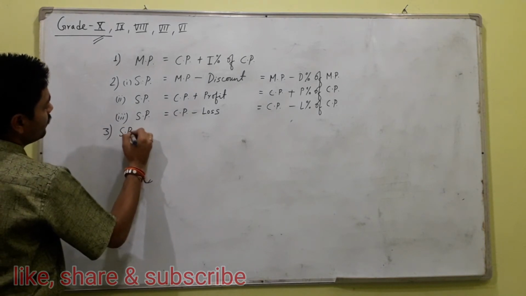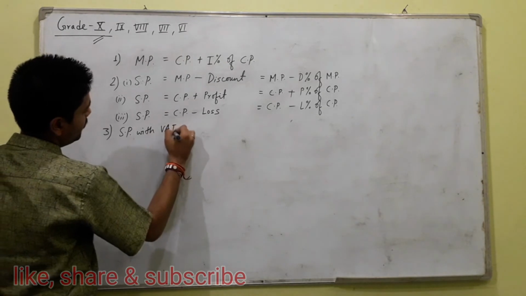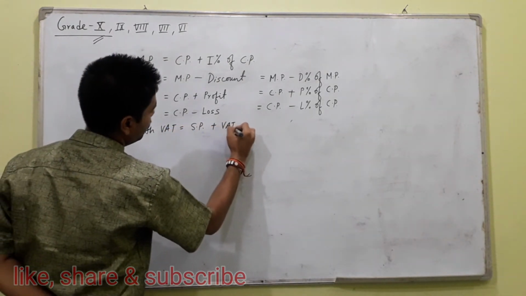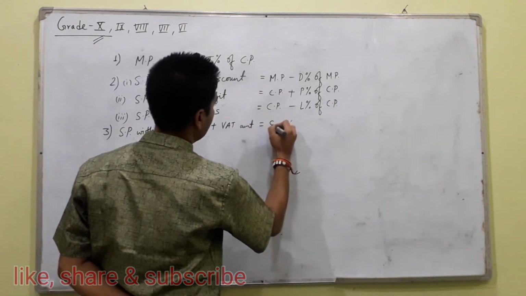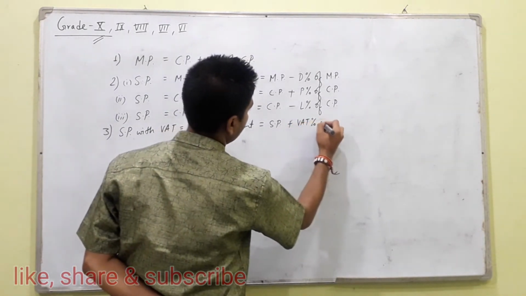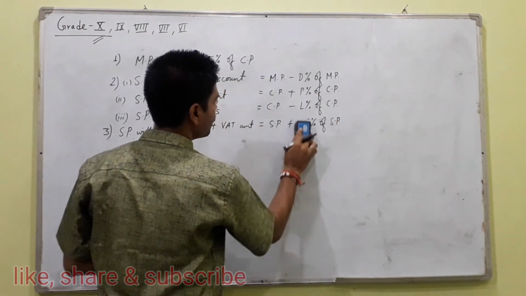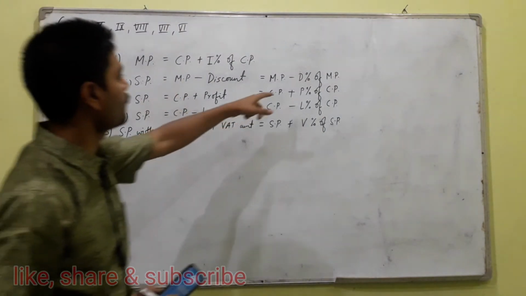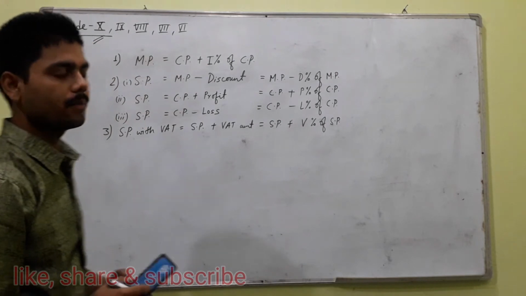Now next is selling price with VAT, which equals selling price plus VAT amount. You can also write, if a percentage is given, plus VAT percent of selling price. Some students write V percent of selling price. You can understand D for discount, P for profit, L for loss and D for VAT.